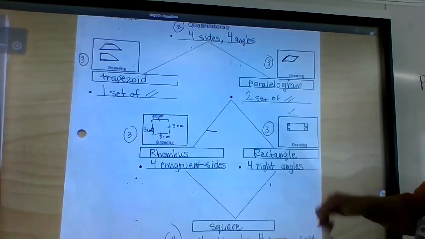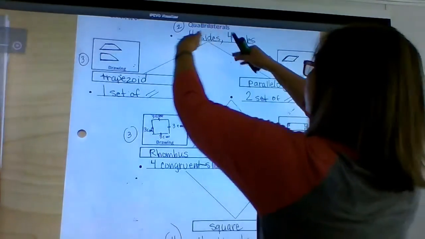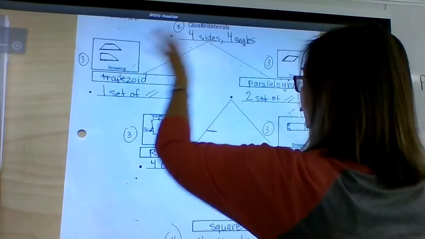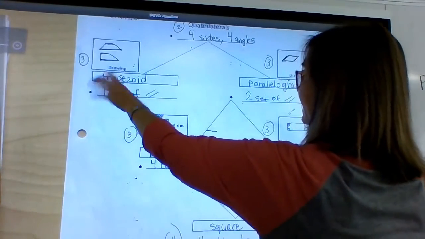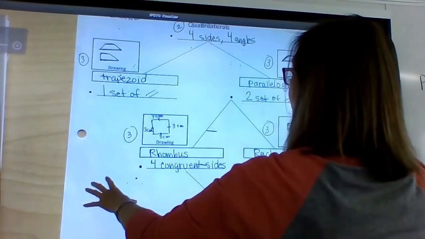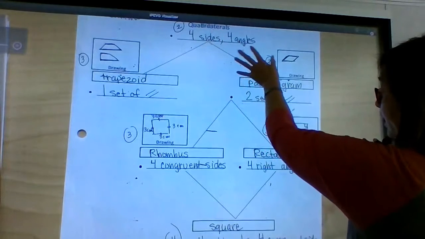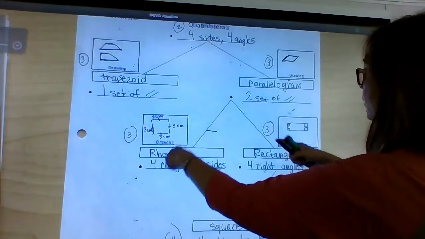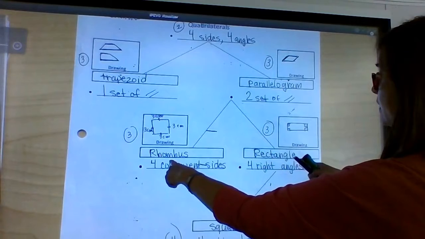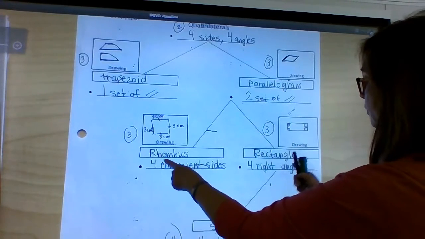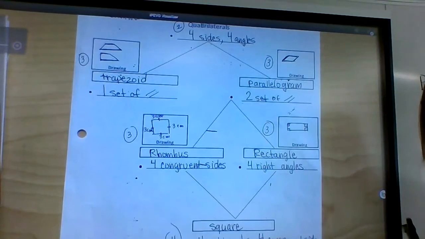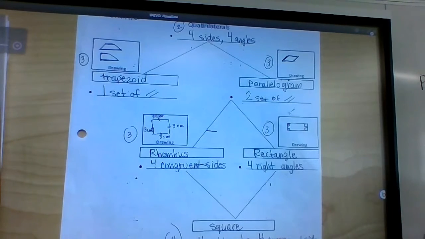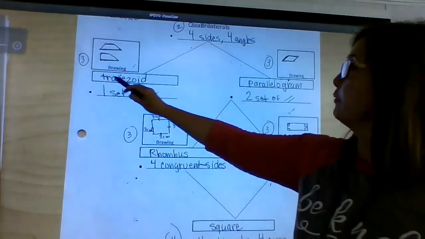Everything's a quad on here, but then they kind of separate. A trapezoid goes on this side and has nothing connected to it. Over here, though, we have the parallelogram, and from the parallelogram, we have the rhombus and rectangle that fall from it, and from the rhombus and rectangle, we have a square that goes down underneath it, because they're all connected in a certain way.